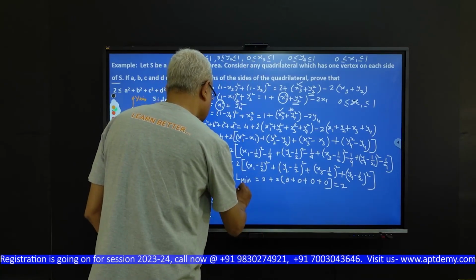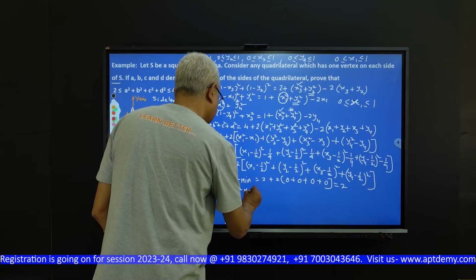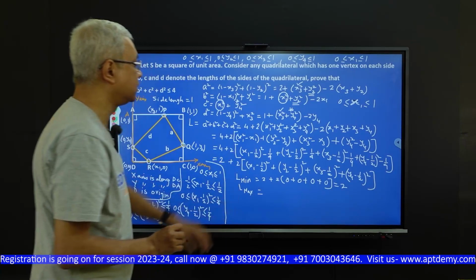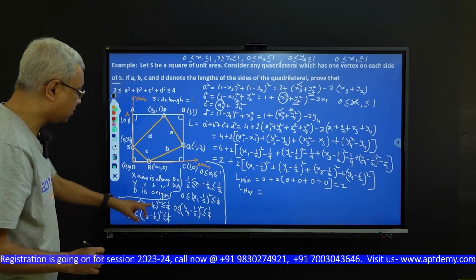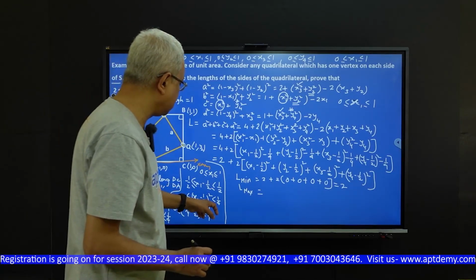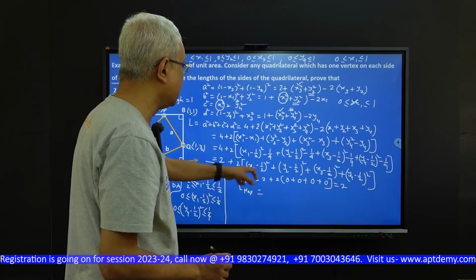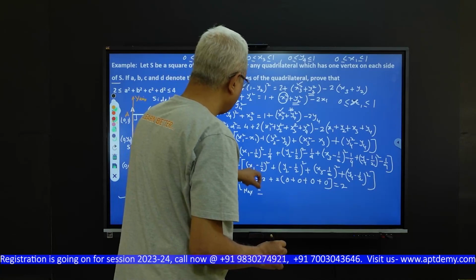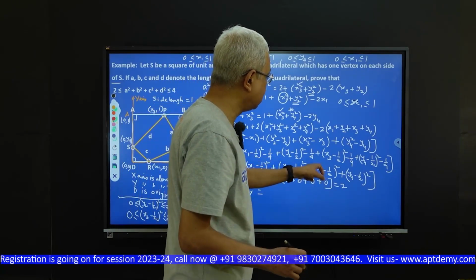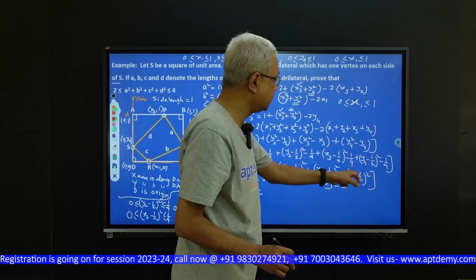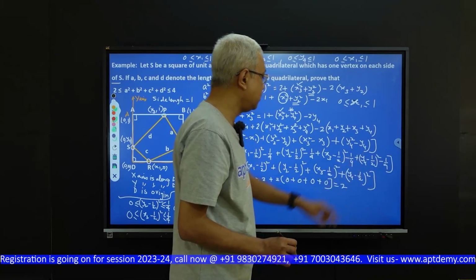And the maximum value, when will it occur? When the squares have their maximum values. And the maximum values I have shown here. This x1 minus half whole square is always less than or equal to 1/4. Similarly, this is always less than or equal to 1/4, and this, and this, and this are also always less than or equal to 1/4.